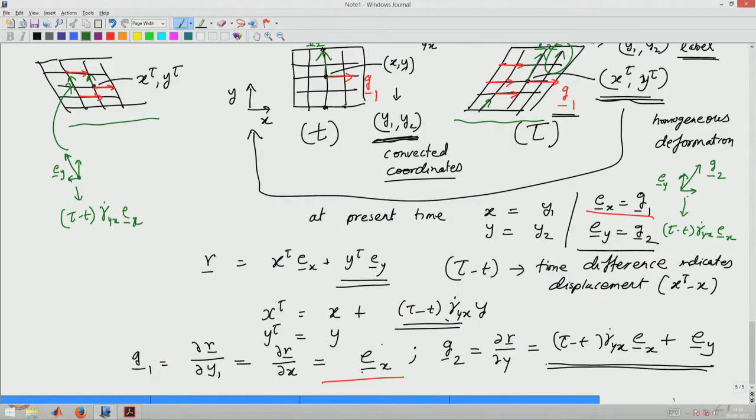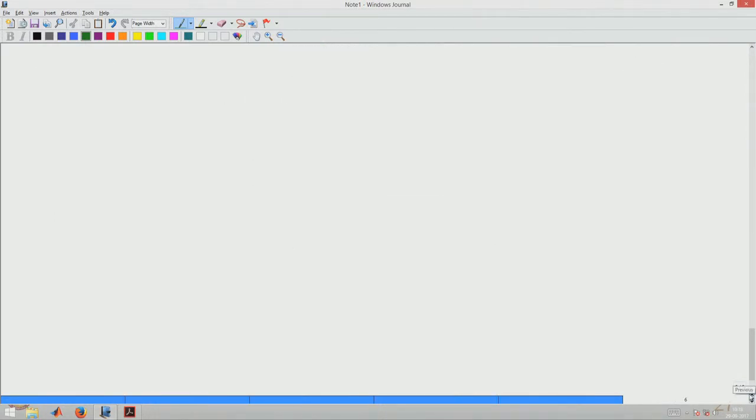Now, let us just go and look at the two things we are saying. For example, the direction of G2 itself that we had drawn at different instants of time. So, the direction of the base vector keeps on changing.